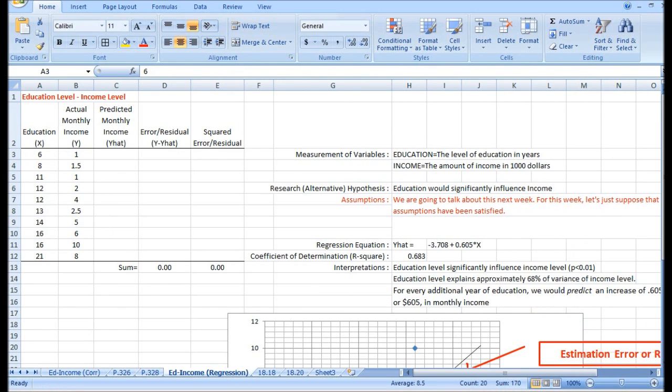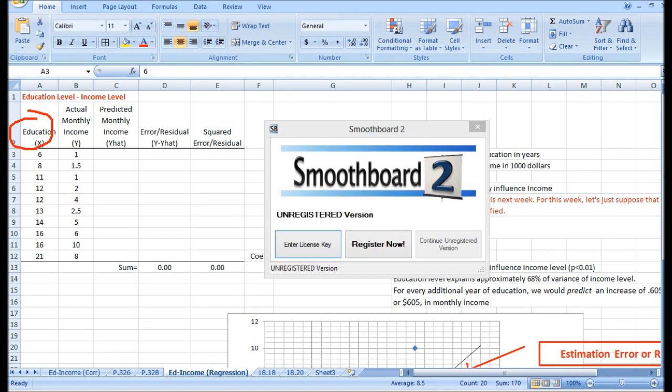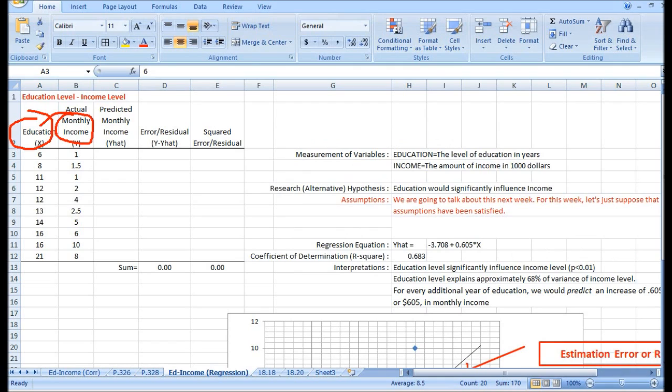Let's suppose that specifically we want to investigate how educational level would influence income level, monthly income. Educational level is measured in years.